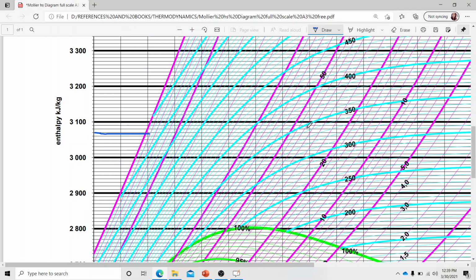3,070 is itong part na to. Okay. So, 3,070 yan. Tapos, ang pressure is nasa 20. 1, 2, 3. Ayan. Sa 23.4. Okay. 23.4. So, malamang kung 26 to, medyo nasa gitna.